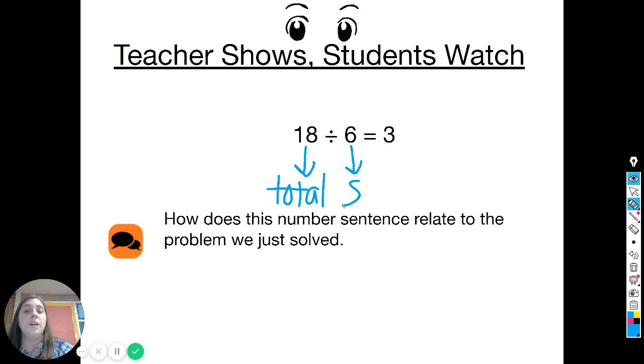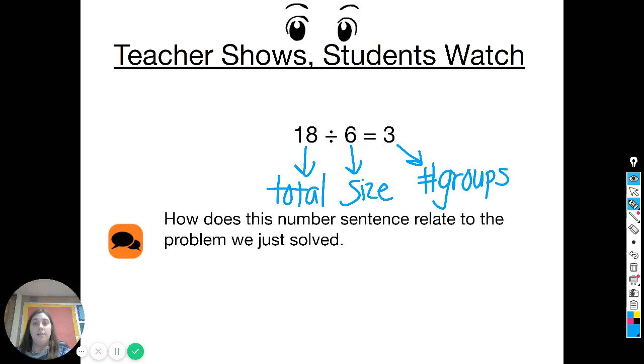Our 6 was our size of each group, or how many people could fit at each table. 3, which was our unknown because we did not know the answer until we solved it, ended up being our number of groups, or the number of tables that we needed. So 18 people divided into groups of 6 equals 3 groups.